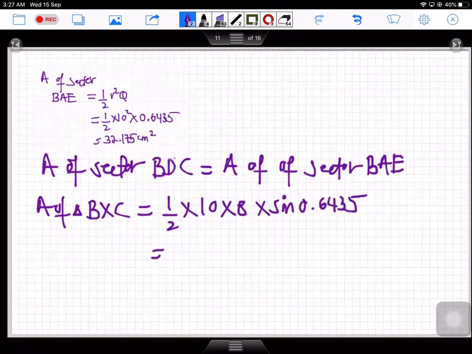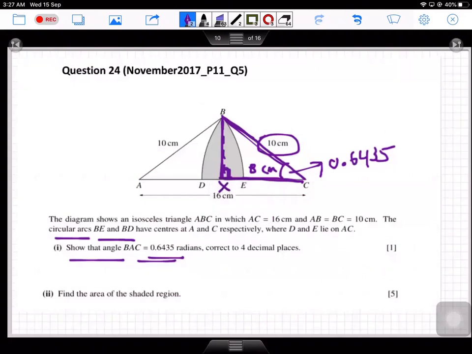So half into 10 into 8 multiplied by sine 0.6435. This is supposed to be how much? This is 23.99 centimeter square. Just write 23.999 centimeter square. You can also write 24.0 as well. So basically the area of this triangle is equal to the area of this triangle.